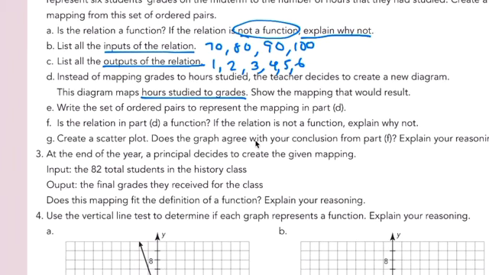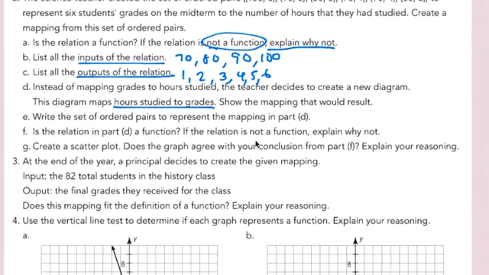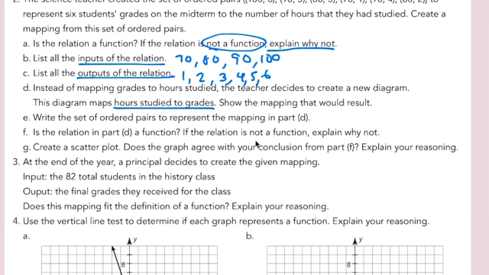Let you do the rest. See if you know how to do it. You should be able to answer these questions. At the end of the year, the principal decided to create the given map: input the 82 students in the history class, output the grades they received for the class.